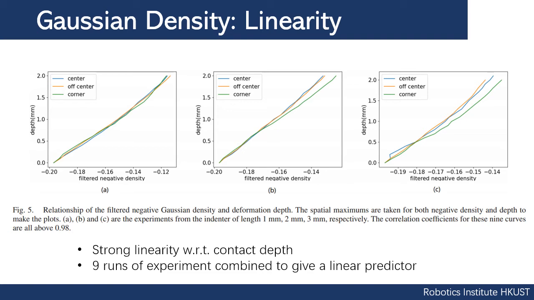As we can see, all these 9 curves show a strong linearity. The correlation coefficient is over 0.98. We combine all these 9 curves and fit a single straight line as a depth predictor. With the 9 curves combined, the data shows a correlation coefficient over 0.95.